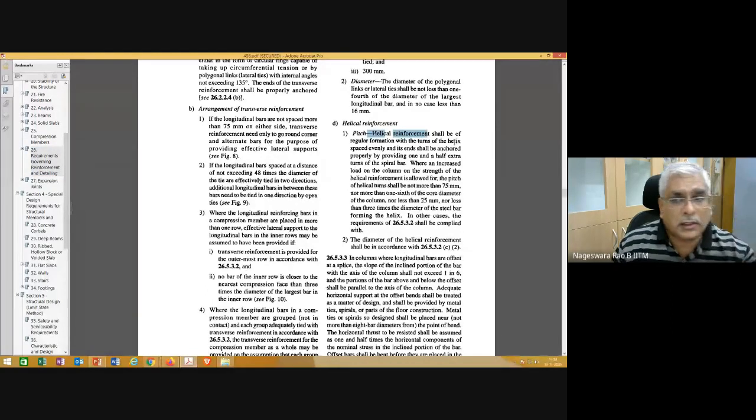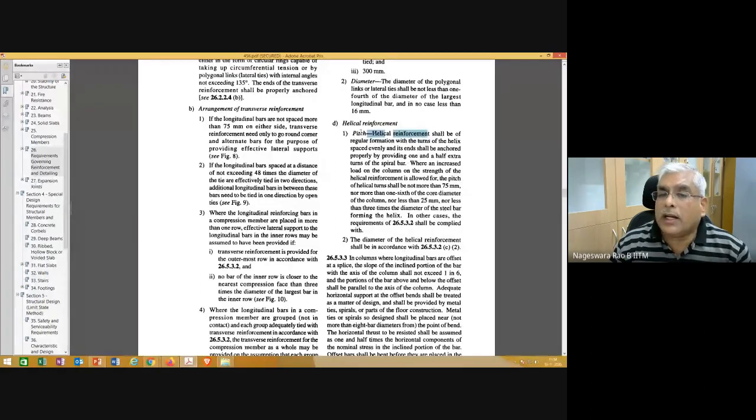Helical reinforcement shall be of regular formation with the turns of the helix spaced evenly, and its ends shall be anchored properly by providing 1 1/2 extra turns of spiral bar.